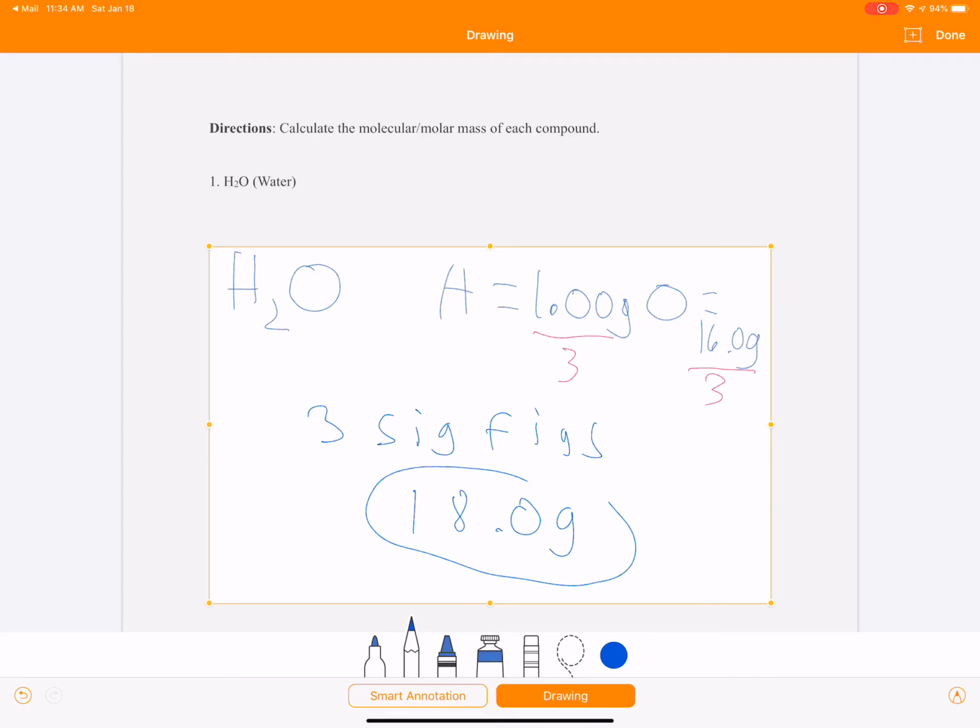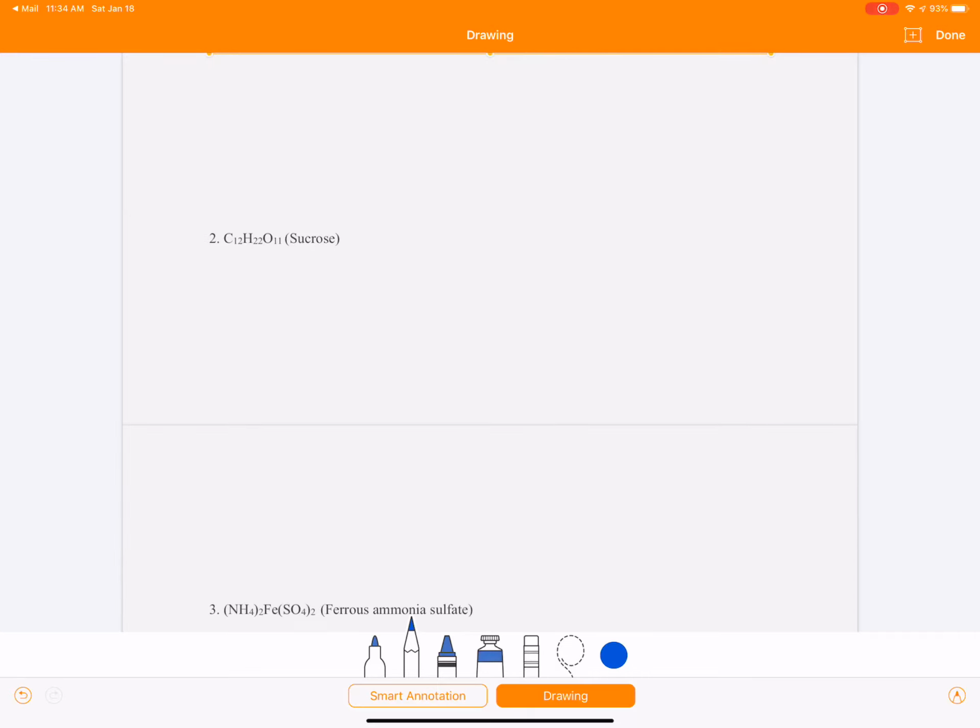Why? 2 times 1 is just 2, plus 16 is 18 grams. So that's how we calculated that. That's the molar mass of water, and it has 3 sig figs. So we're good. Moving along.